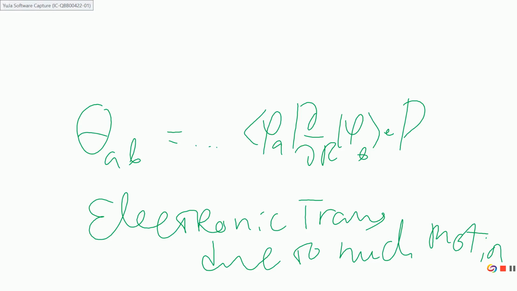So if there is no momentum, if there is no motion, adiabatic coupling is zero, if the wave functions do not change when you move ions. For example, if you have electrons and no ions, there is no dynamics.